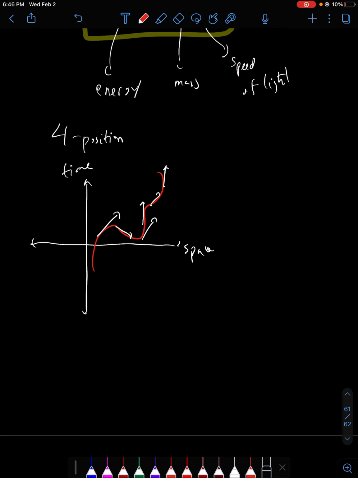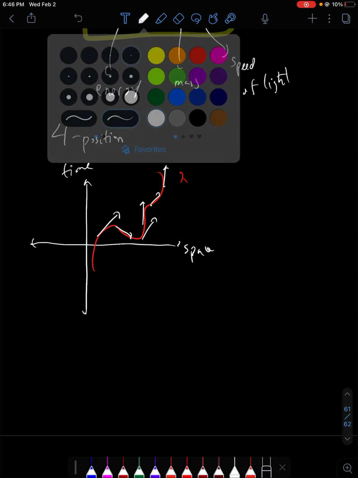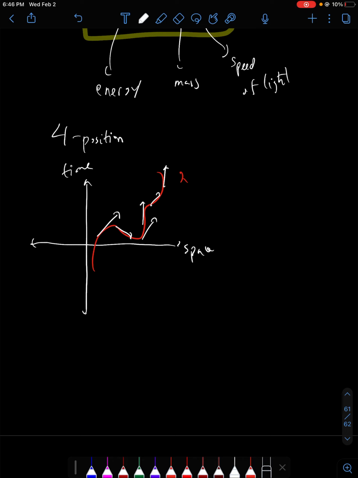The world line is parameterized by lambda, and then our tangent vector is dr over d lambda, which we can relabel as x with a chevron on top of it.